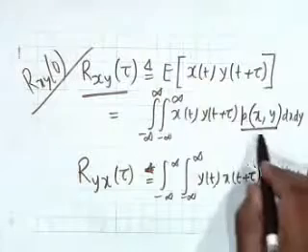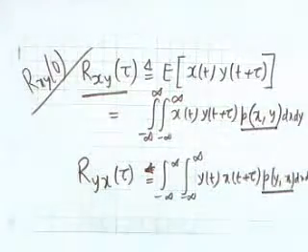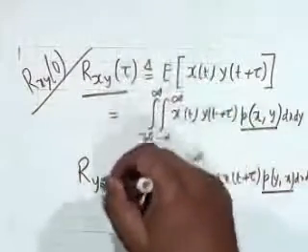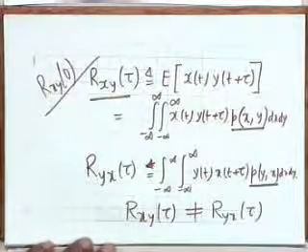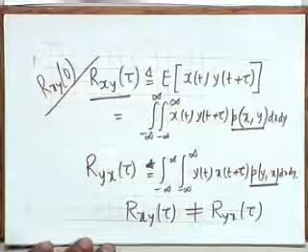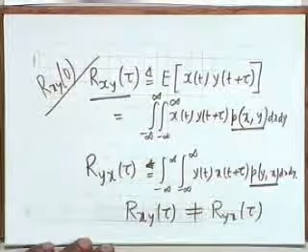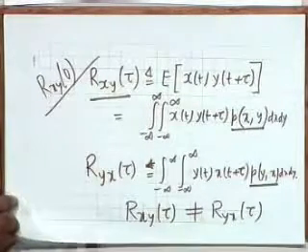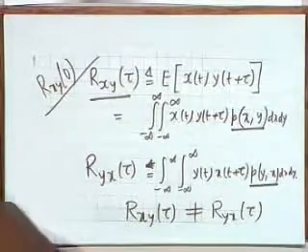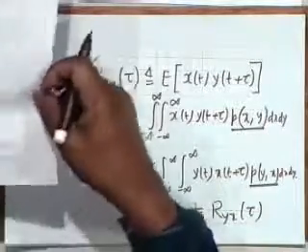If Pxy and Pyx are different, then obviously Rxy(tau) and Ryx(tau) are not necessarily equal. In fact, we will establish remarkably surprising relationships between the two a little later. The probability density functions are not necessarily equal.